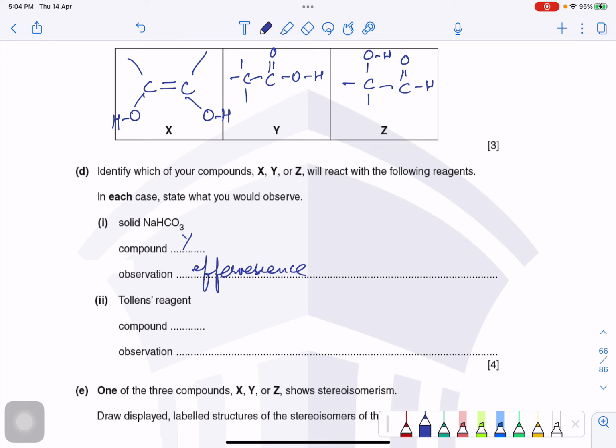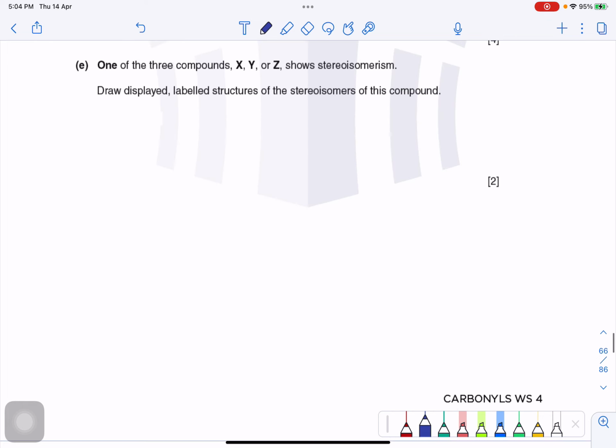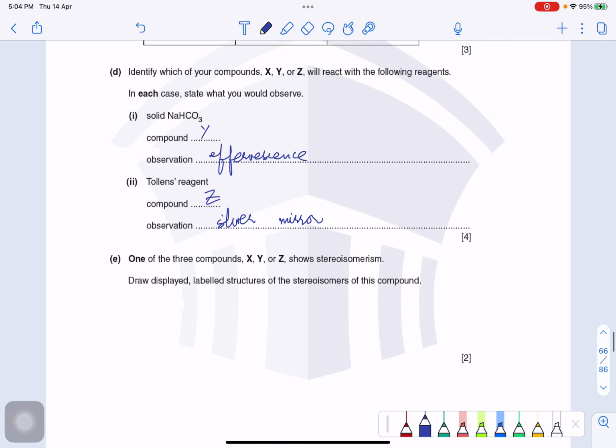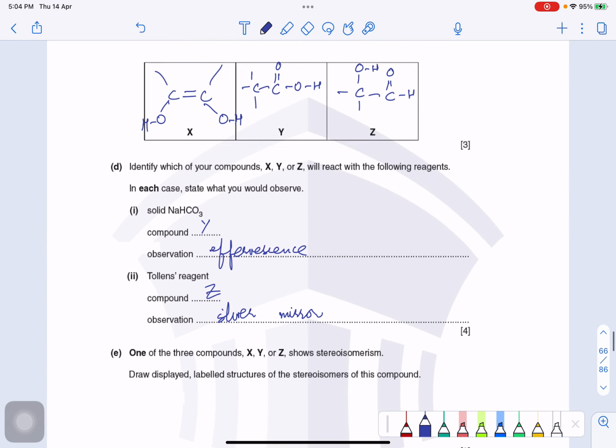Tollens' reagent reacts with aldehyde, so that is Z, and the observation is that it gives us a silver mirror. Okay, that's Tollens' reagent. Fehling's solution होता तो वो red precipitate देता। One of the 3 compounds shows stereoisomerism. Stereoisomerism कौन सा होता था? Cis trans isomerism को stereoisomerism बोलते हैं। So double bond but both sides with the same group, that is this one.